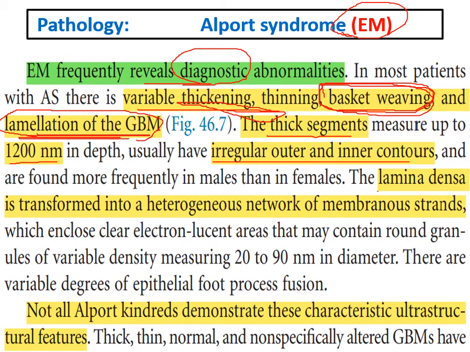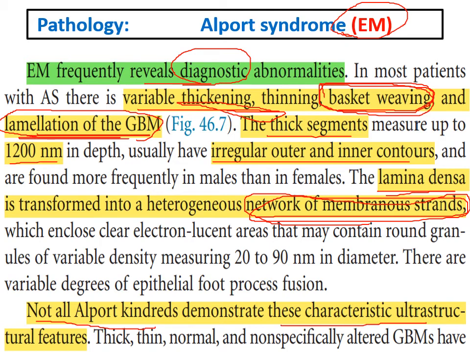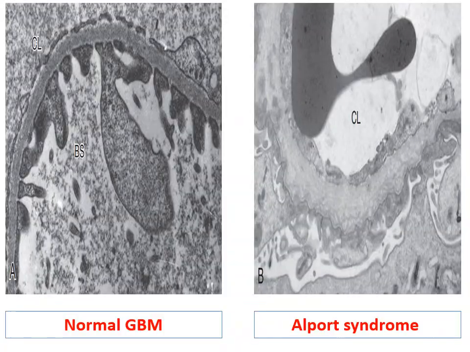The lamina densa is transformed into a network of membranous strands that gives the characteristic lamellation of the glomerular basement membrane. But take care that not all Alport subtypes give these characteristic ultrastructural features.